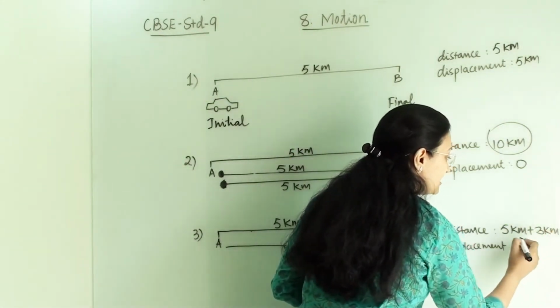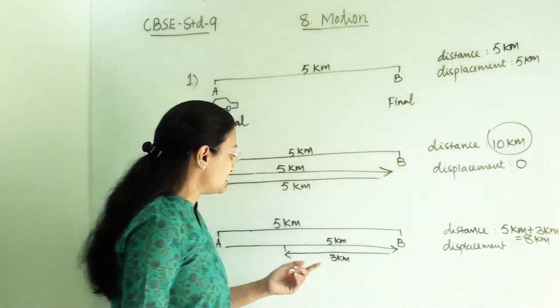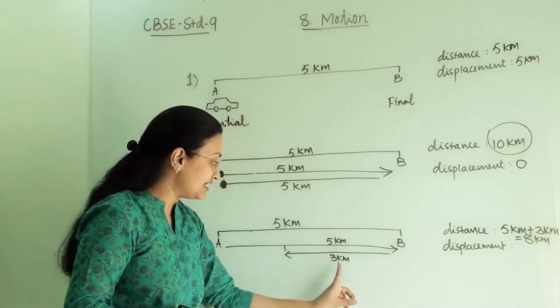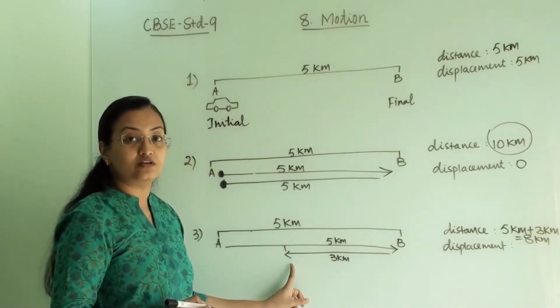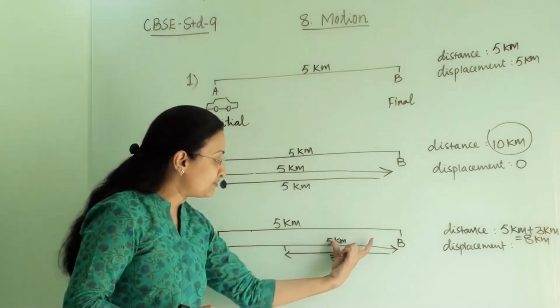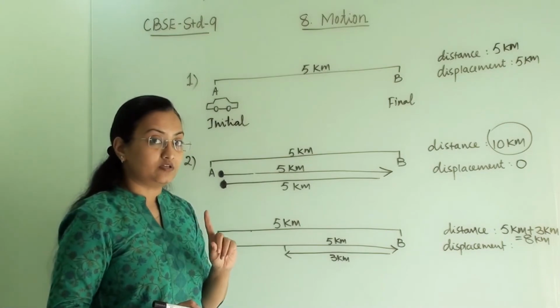So actually it has covered 8 kilometers. What will be the distance? Because it has gone 5 kilometers till B and again came back 3 kilometers. So the actual distance covered by the car is 5 kilometers plus 3 kilometers, so it is 8 kilometers.